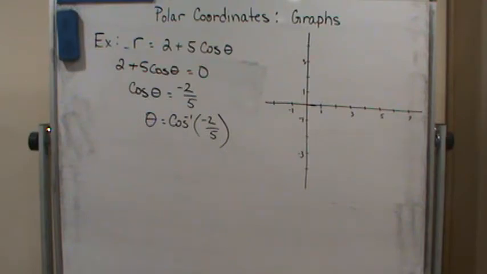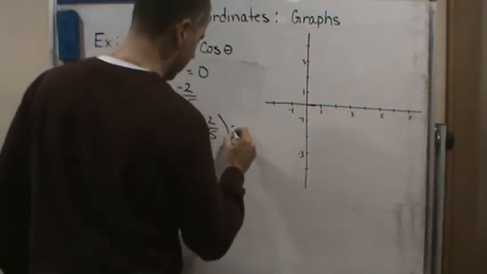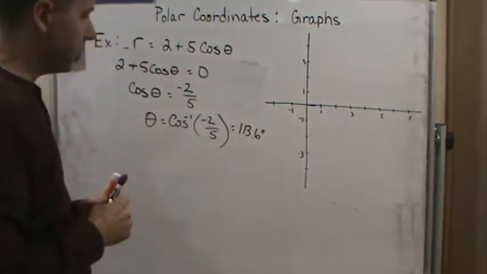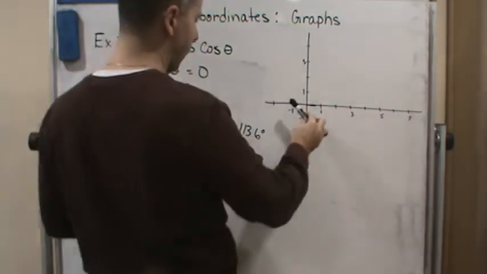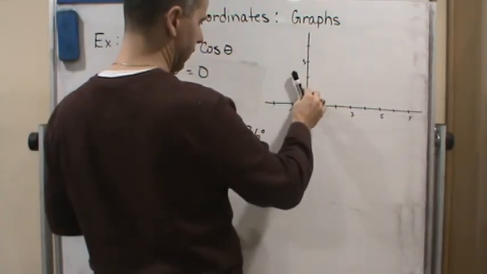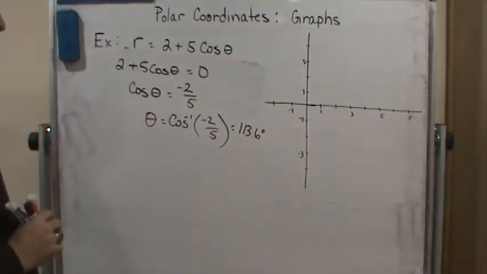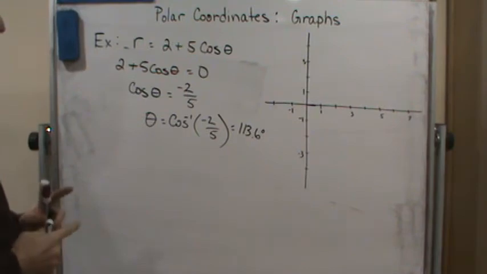So it is approximately 113.6 degrees, which is going to be in the second quadrant, so it's going to be like here. So that's when it's going to be 0.